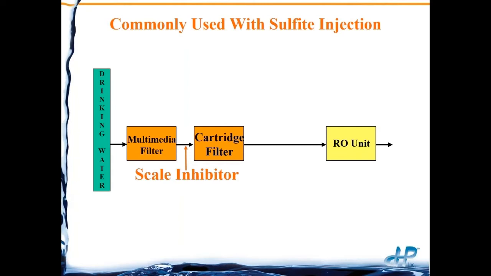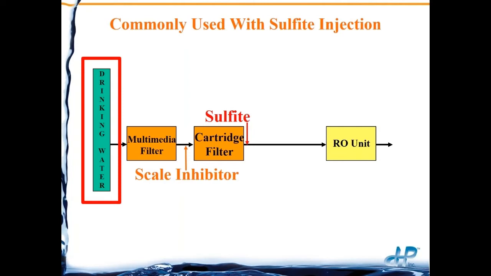One very common way of doing that is injecting either sodium bisulfite or sodium metabisulfite, some chemical that will give us a sulfite ion, which is the reducing agent that's going to donate the electrons and give them to the chlorine.